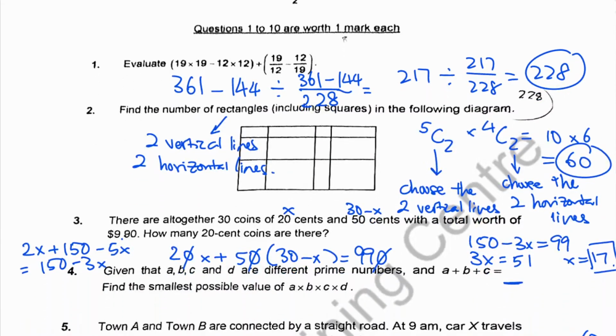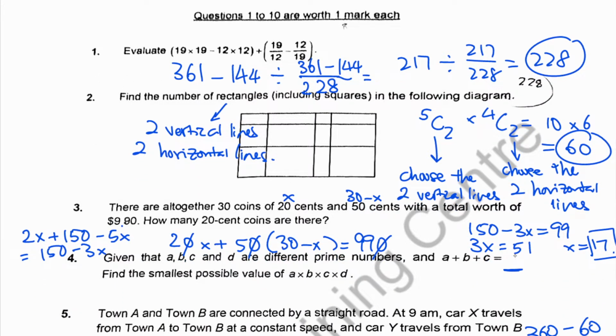Okay, and for question 4, because A plus B plus C is equal to D, and D has to be odd, therefore we need A, B, and C to be odd as well.